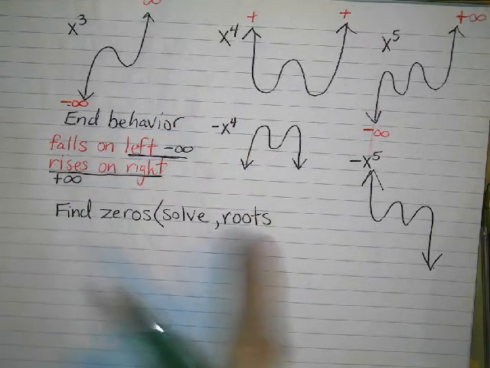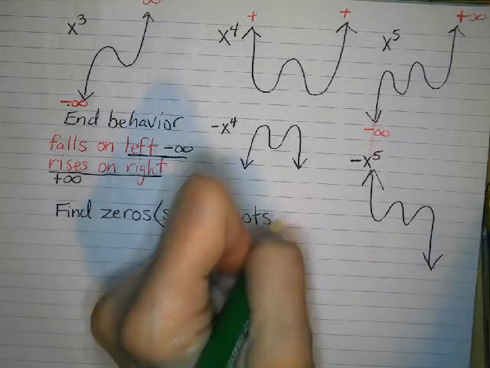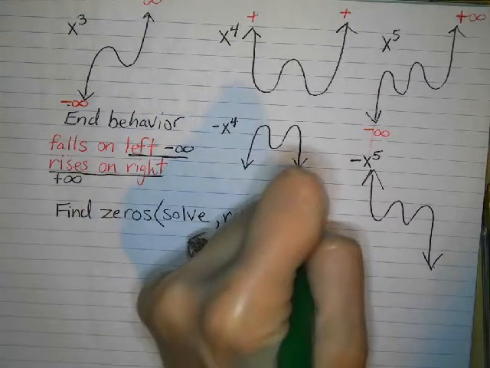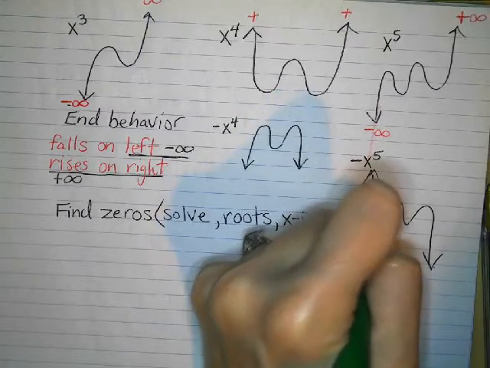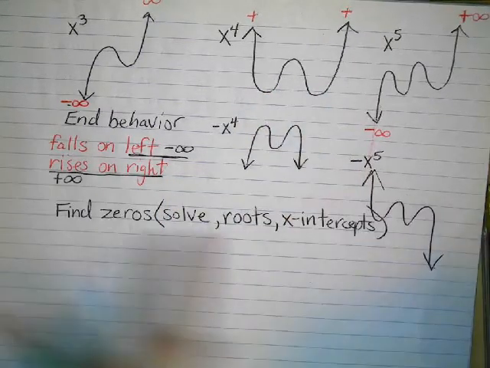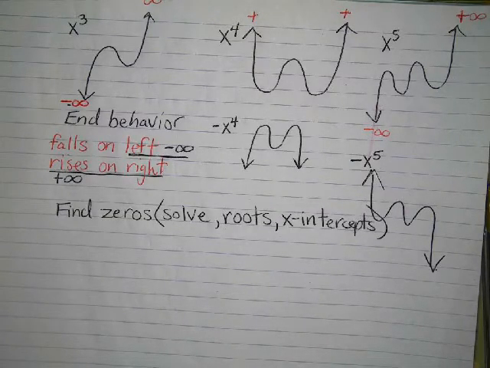There's different names for when they tell you they want you to solve the problem. Another name is find the zeros or find the roots. Another name is x-intercepts. Any of those wordings mean solve it: find the zeros, solve the problem, find the roots, find the x-intercepts. It all means the same thing.